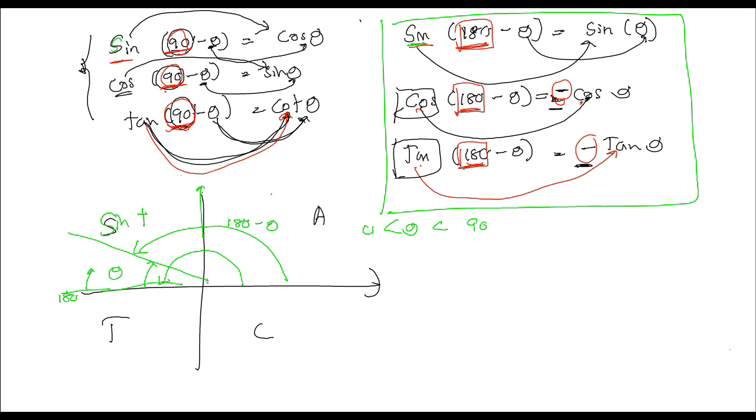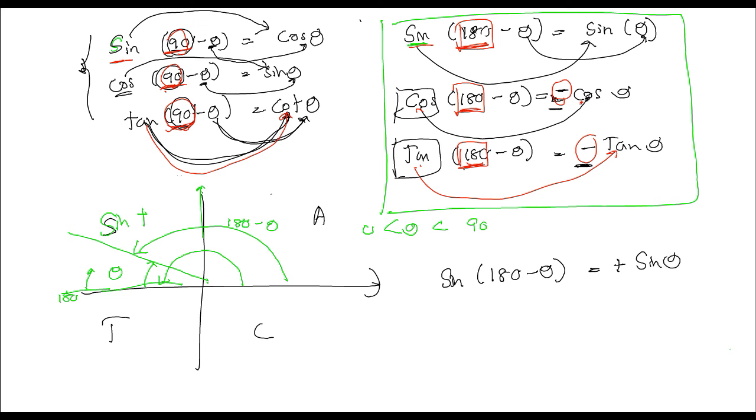So that's why when you have sine 180 minus theta, you have a positive value, and then you just write sine theta.